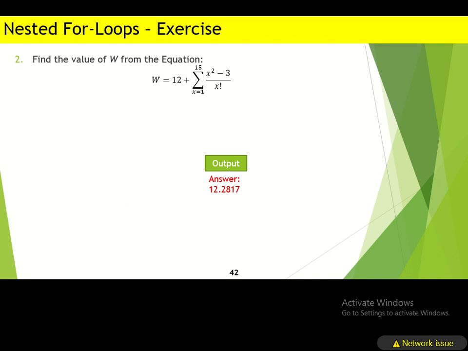Find the value of W from the equation 12 plus summation of the ratio, and in the ratio we have a factorial. So we have a summation and we have a factorial. So I need two loops, right? One loop for summation, other loop for the factorial.